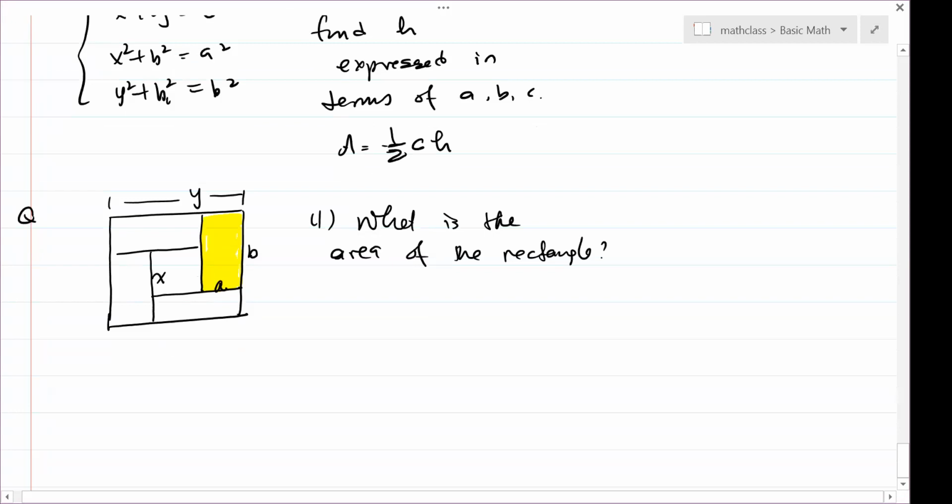You look at the difference: x squared minus y squared, right, is going to be the area of all the 4 rectangles. So if it's divided by 4, that gives the answer, right? So you get the area.